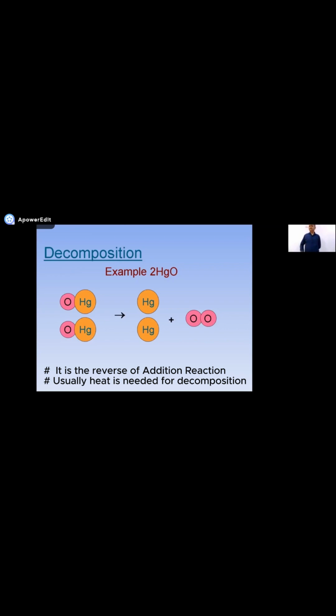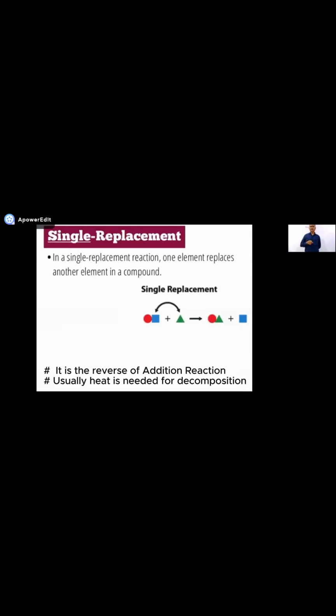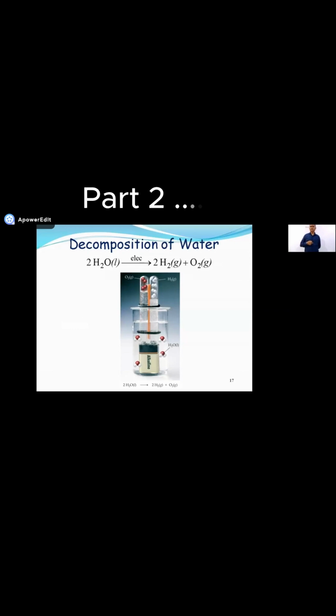So you can see Hg and O have been separated. Another example, you can see water. By passing electricity, water is decomposing into hydrogen and oxygen. So decomposition means to break up.